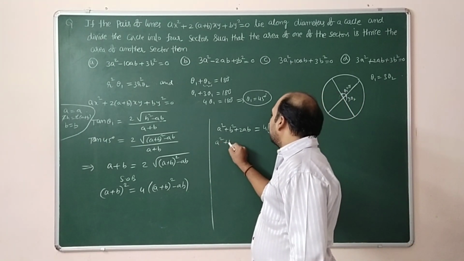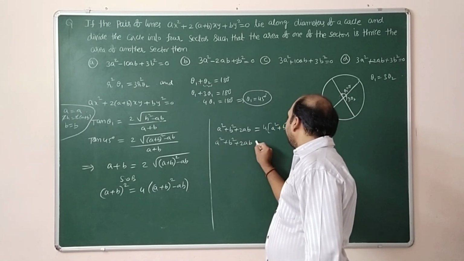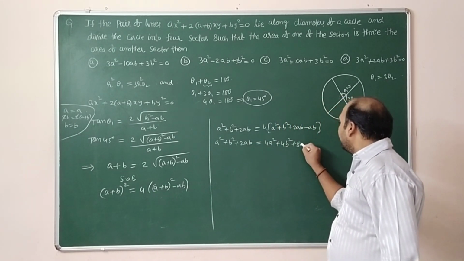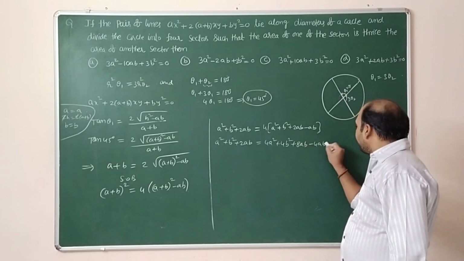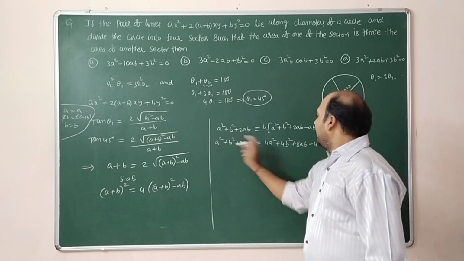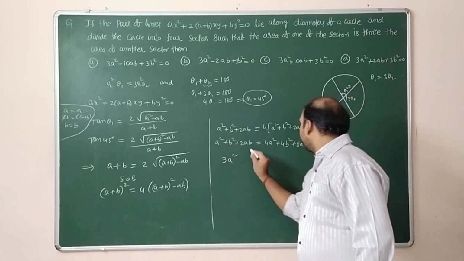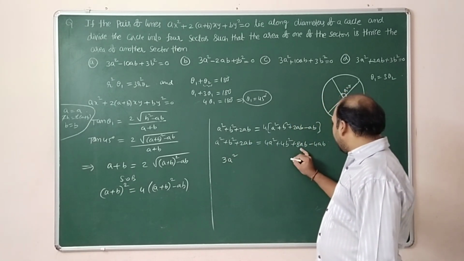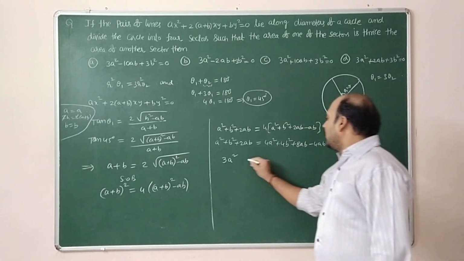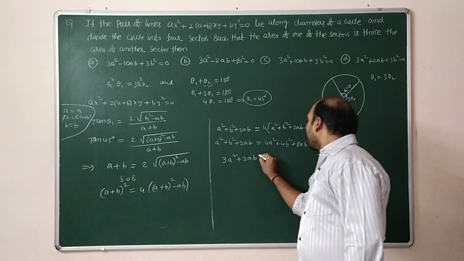So a square plus b square plus 2ab is equal to 4a square plus 4b square plus 8ab minus 4ab. All these values I am taking here. So 4a square minus a square is 3a square. Next, 8ab minus 4ab is plus 4ab, and 2ab you can take to this side. So ultimately 2ab will come.